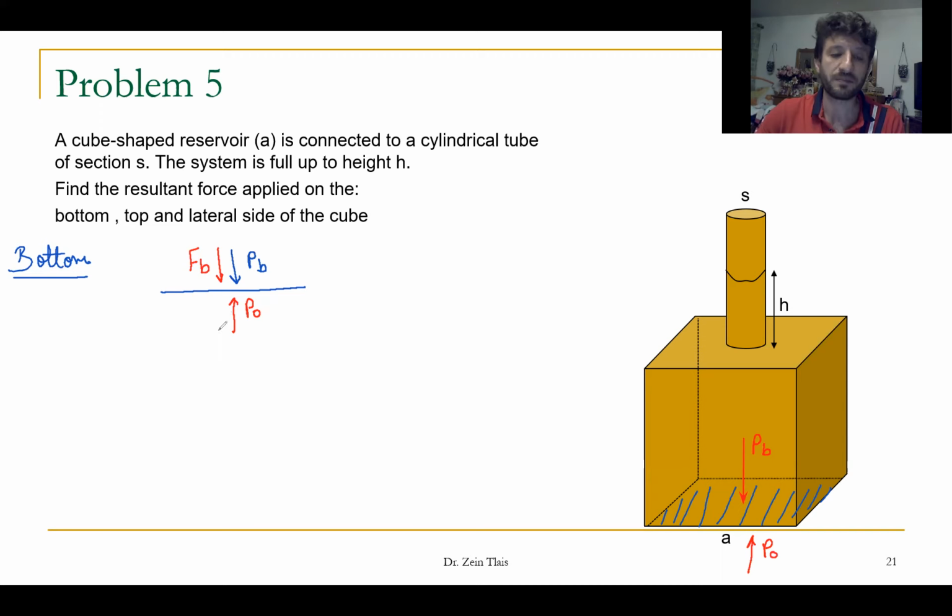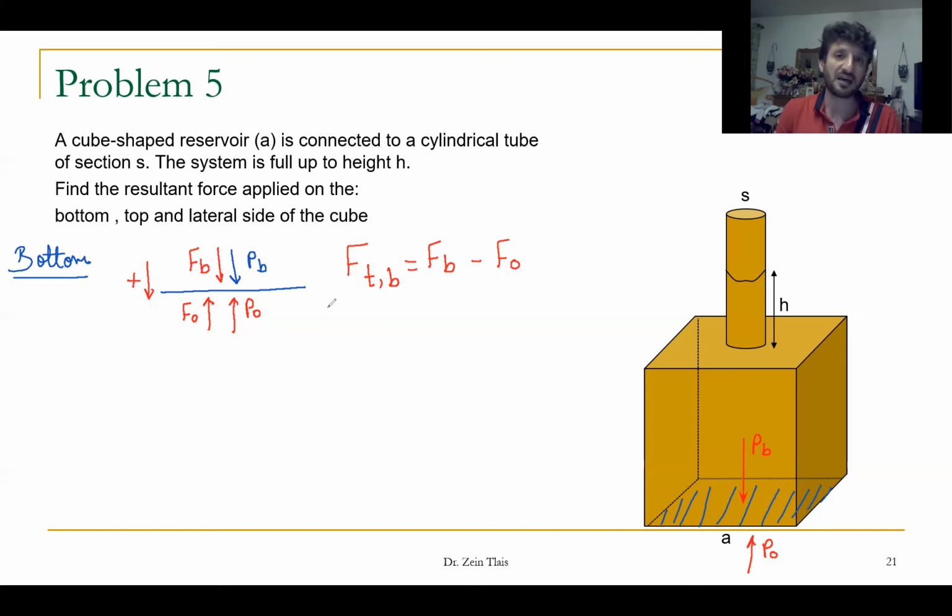It's down and up, so the total F at the bottom equals FB minus F0, if I take the positive direction downwards. So F total equals FB minus F0.